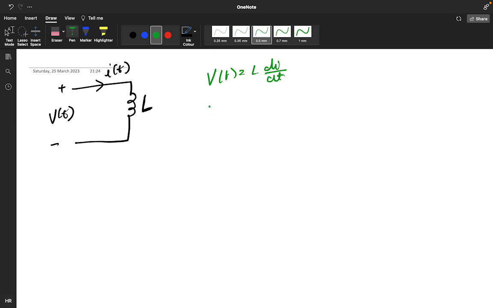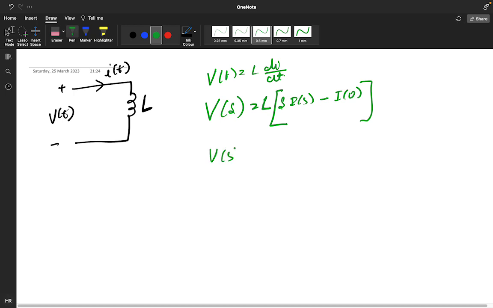Now if you do the Laplace transform, what will you get? V of s, take L common, and what is the Laplace transform of di by dt? s I of s minus I of 0.